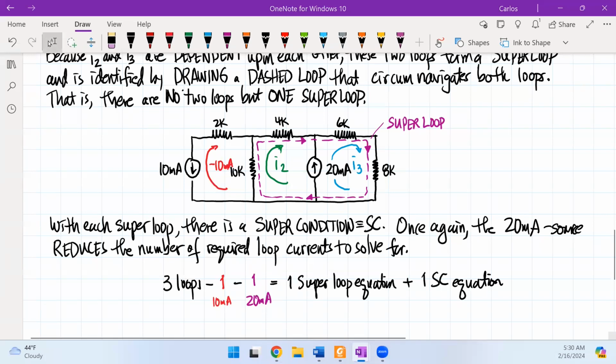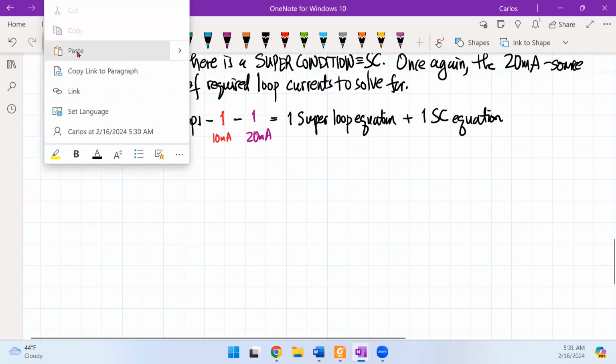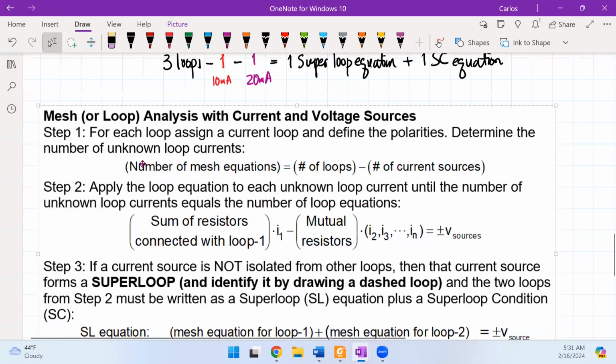Now we can highlight this whole process using the same scheme that we did with the node analysis and voltage sources. So it reads like this. If we're going to do mesh or loop analysis with current and voltage sources, step 1, we do the same thing as always. We assign a loop current to each independent loop and then determine the number of loop currents.